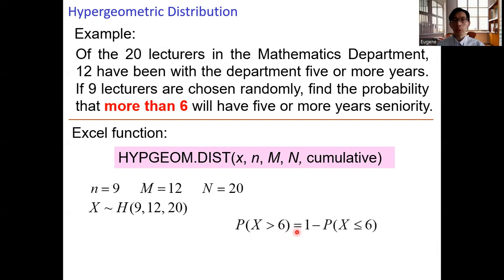This equals 1 minus the probability of X less than or equal to 6. We want the cumulative probability at X equals 6.